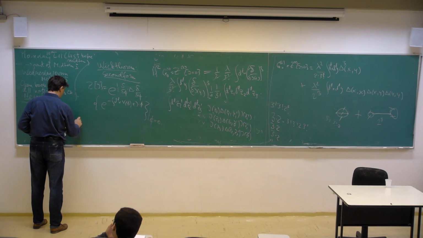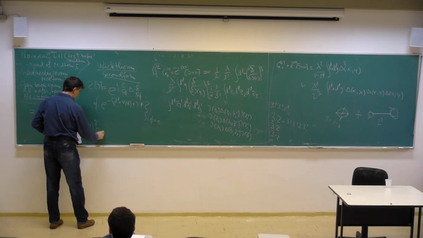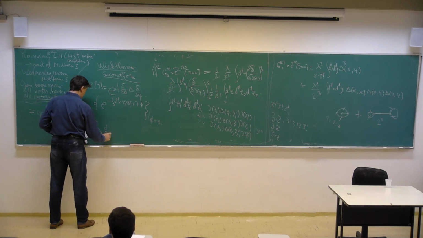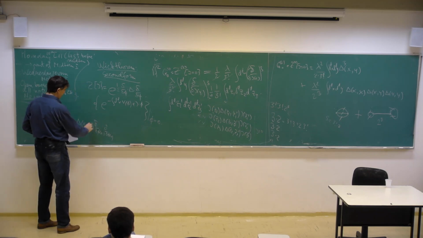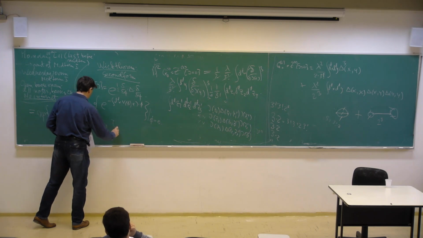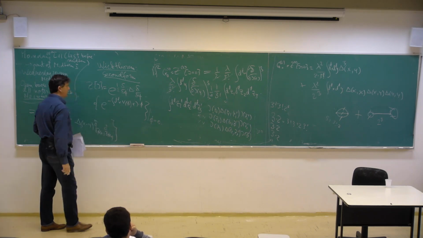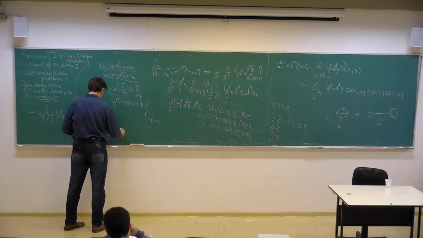The derivatives should act outside, so delta of x minus y, with dd phi of x and dd phi of y. I could put it in the middle, and I guess it's not confusing, but it's clearer if I put it outside. So this is my derivative operator, and this acts on this thing.